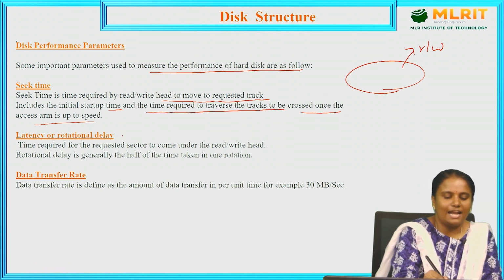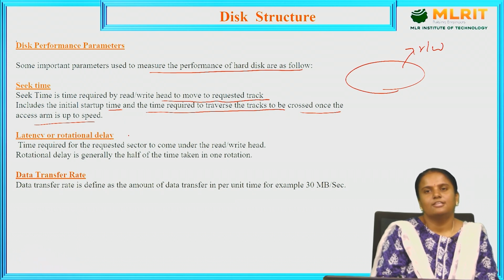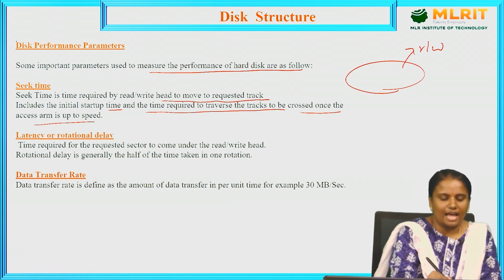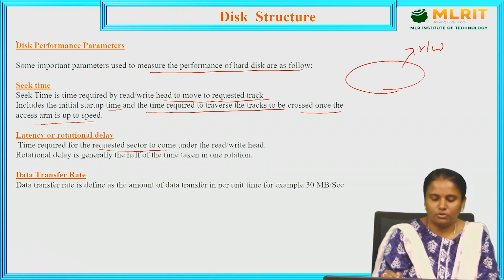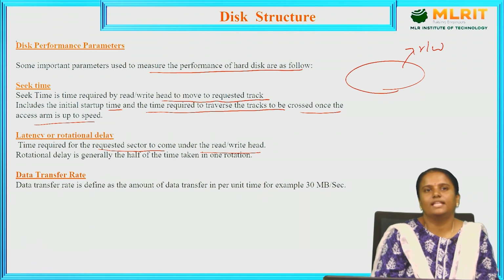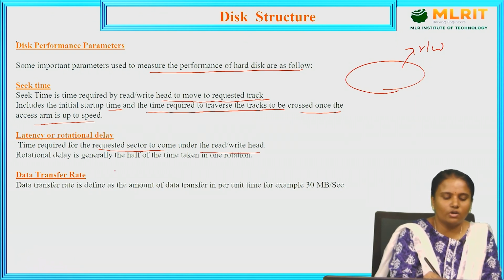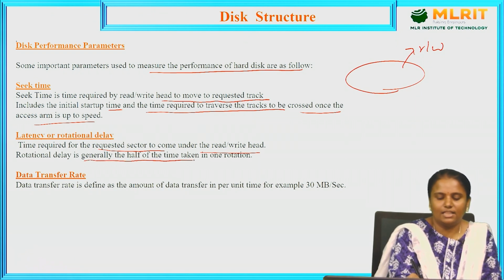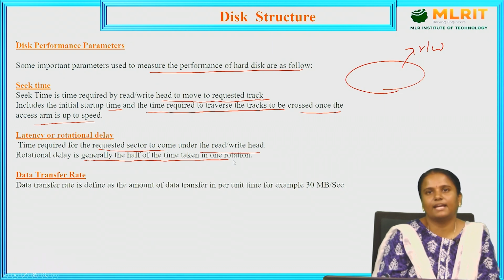Next, latency or rotational delay. What do we mean by latency or rotational delay? It is the time required for the requested sector to come under the read or write head. Rotational delay is generally half of the time taken for one rotation.